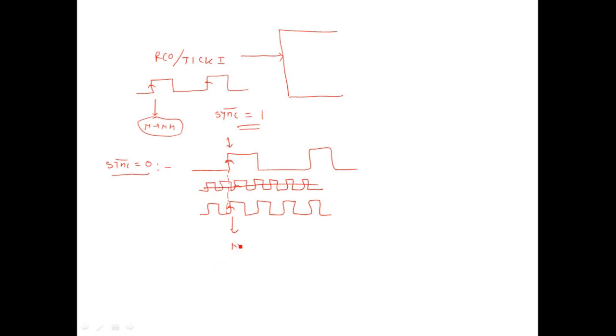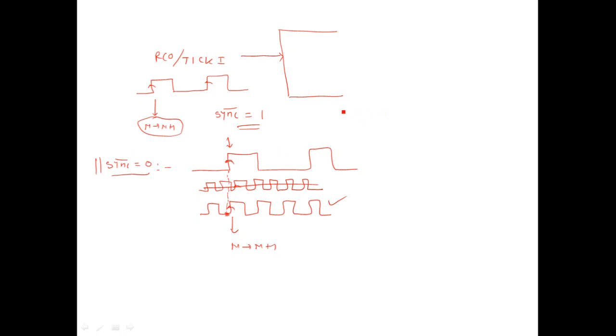The count will actually increment from n to n plus 1 at this instant of time and not at this instant. So that is what we mean by synchronizing the external clock pulses with the internal clock. That is the use of this SINAC bit.